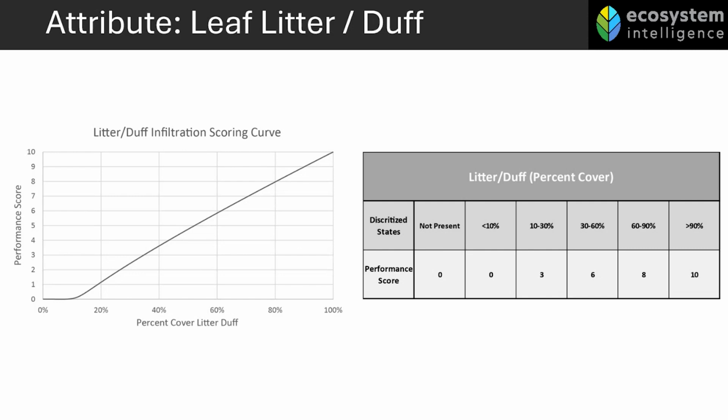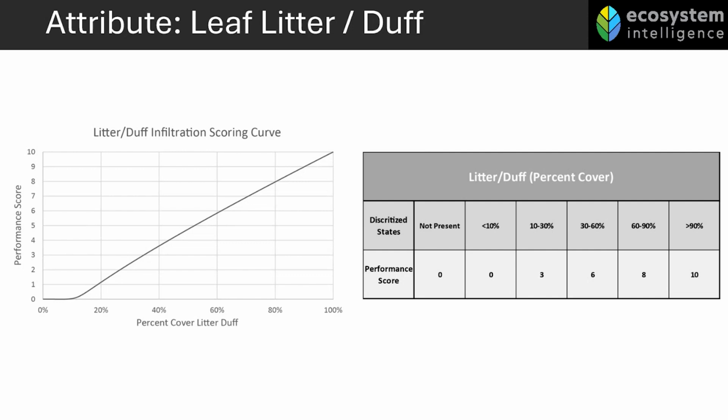In this instance, we're just looking at litter duff. How does that contribute to infiltration? Well, it contributes by increasing residence time. I mean, it will to an extent also contribute to interception, but largely litter duff is acting as a big sponge, just holding that water so that if you have clay or silt soils, you're giving more time for that saturation to resolve itself so that you can get more water flowing into the soils.